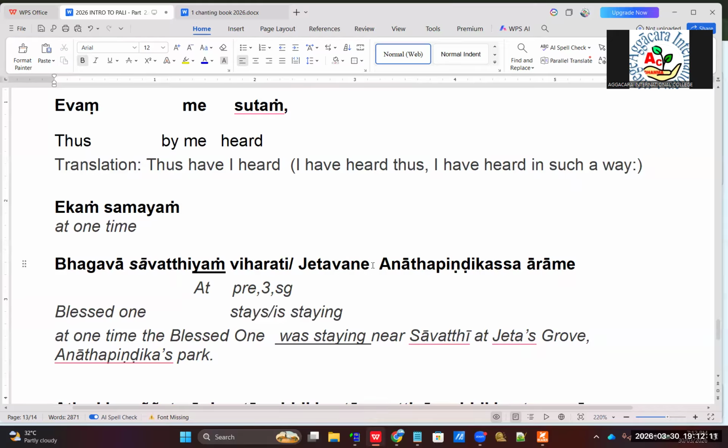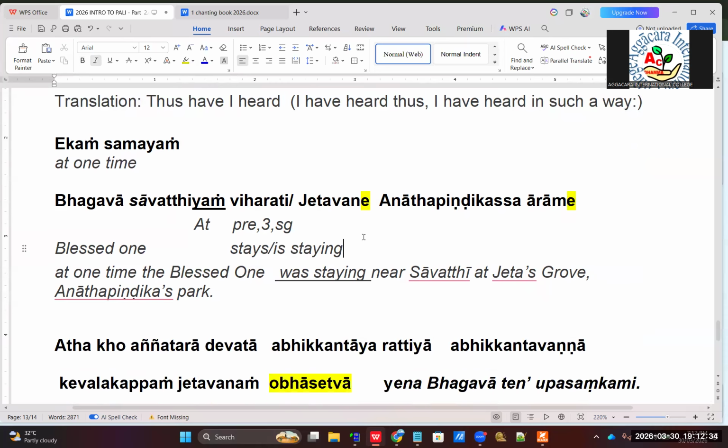Now, Jetavana is a place belonging to Prince Jeta, who sold it to Anathapindika. You all know the story. All these are locative, so we can translate as "at."